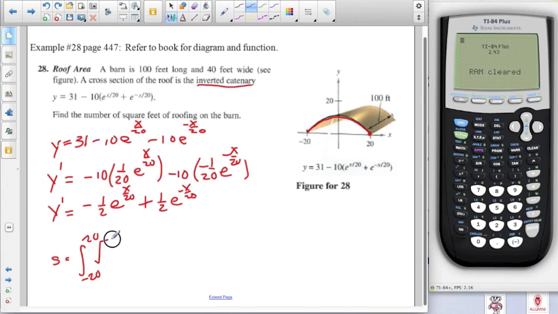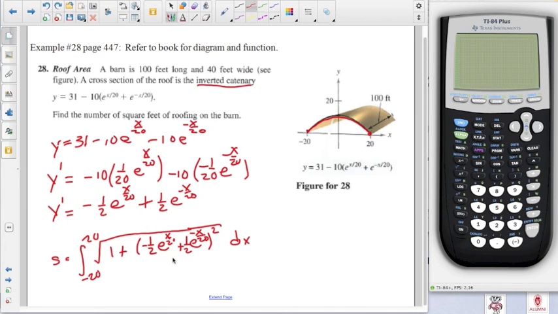And it's going to be the square root of 1 plus this squared. So I'm just going to go ahead and rewrite this, and we're going to have to square that. And here's the expression for the arc length from minus 20 to 20.